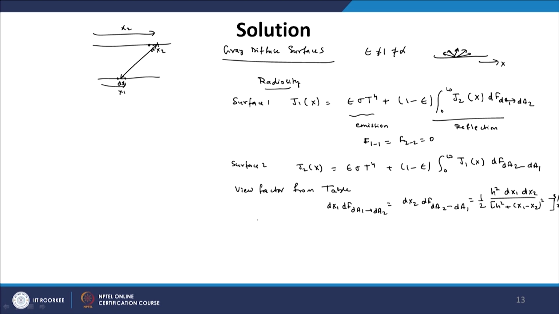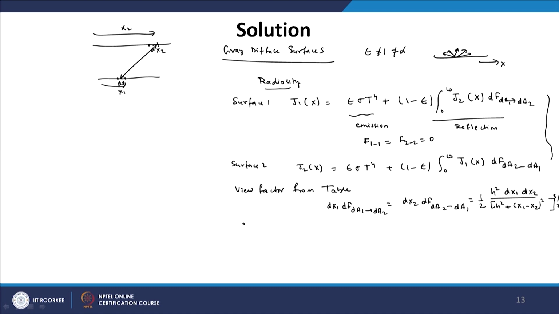Okay. So, now our radiosity relations are both very similar, the expression for J1 and expression for J2 are very similar. So, we are going to substitute for the view factors in this relation.